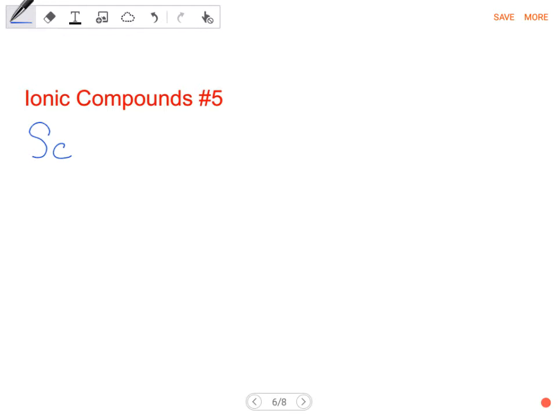Its atomic number is 21. Plus, let's go with oxygen again. Now, I could sit here and draw out the 2-8-8 rule forever, but I'm not going to do that. Let's look at the charge of scandium. It is 3 plus. The charge of oxygen is 2 minus. They're going to bond, and we're going to have an Sc coming together with an O.